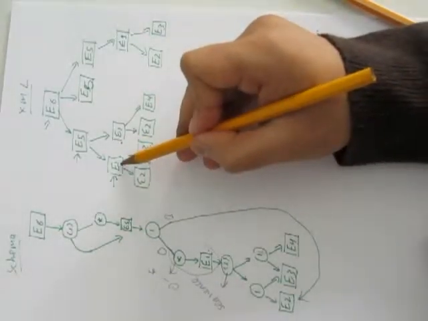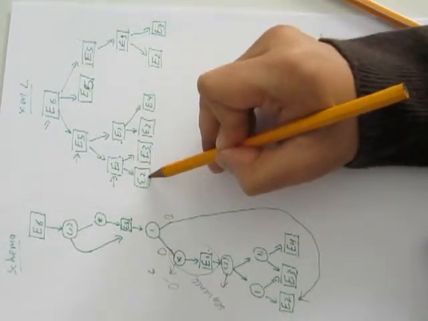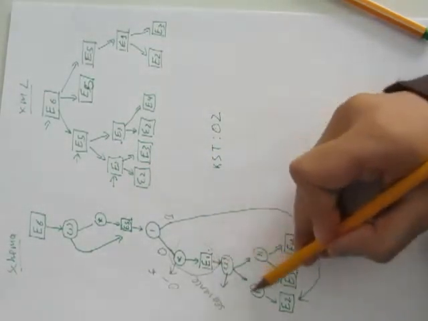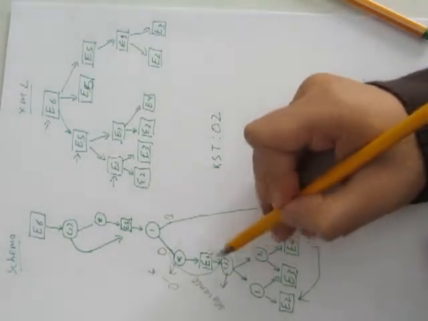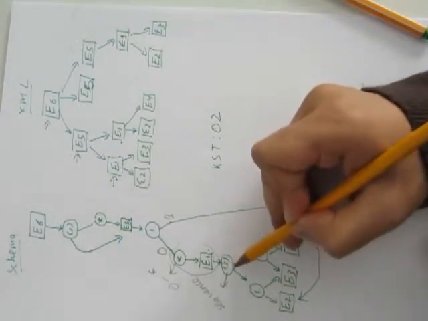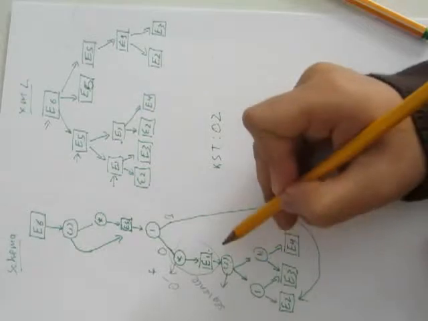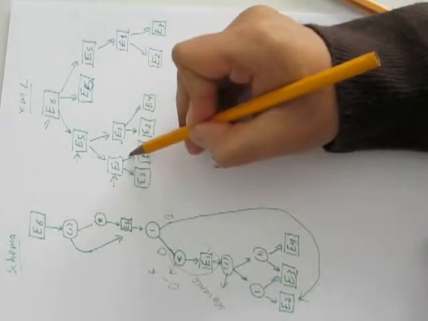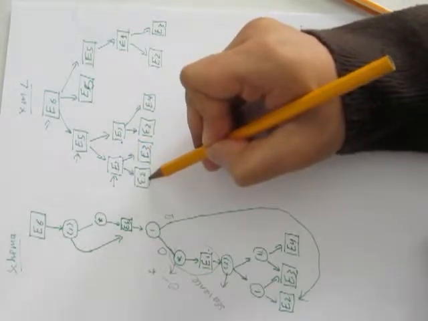In this E1, the first child is E2, so we choose it and we have to save this path. E1 has two children, that's for sure, and we have to save this E2.